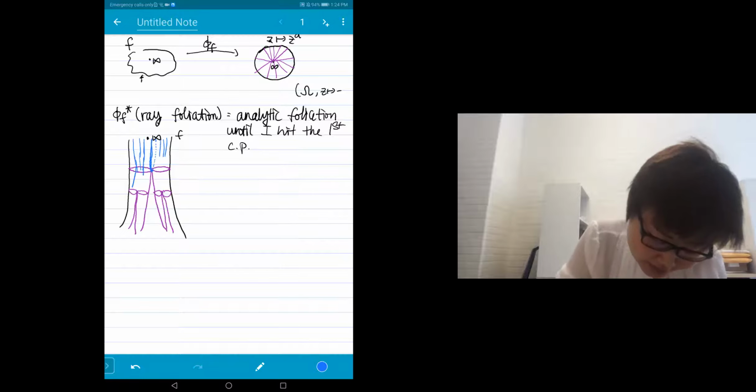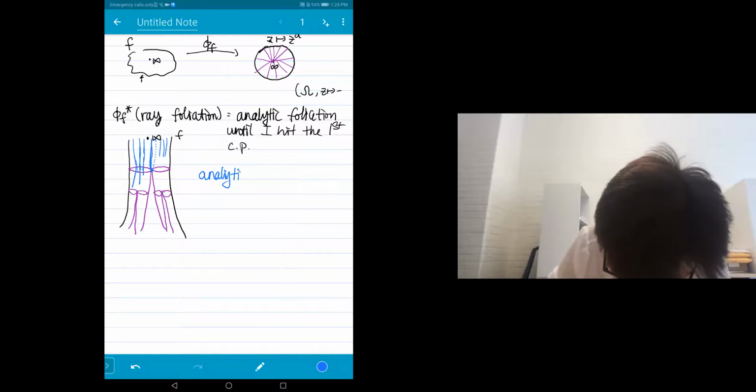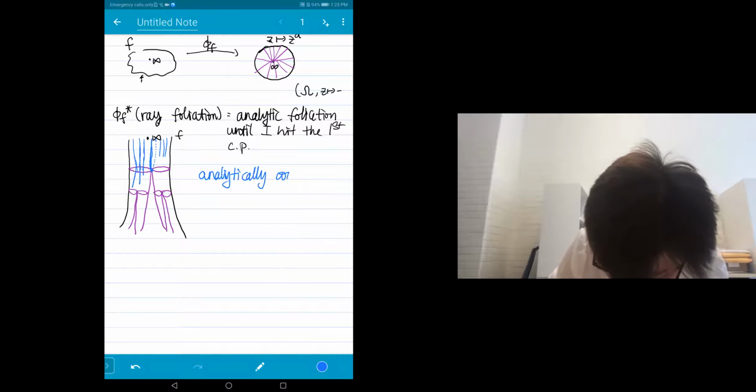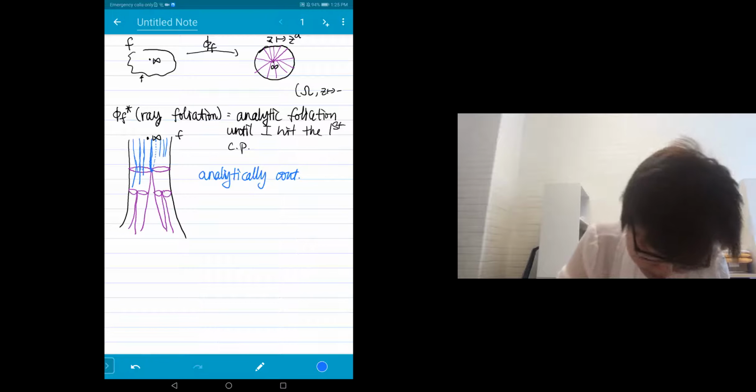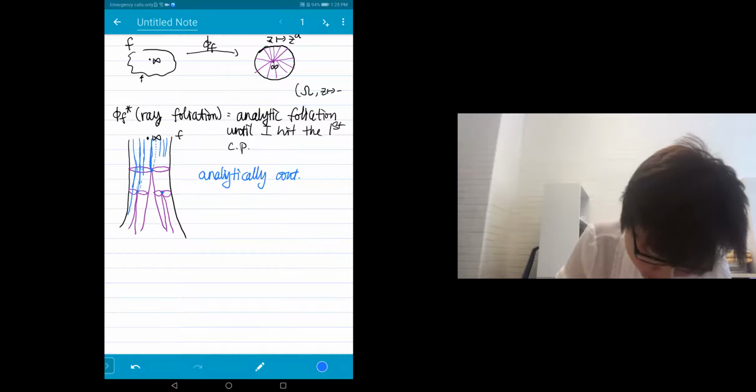And we can just analytically continue these guys. And again, this guy will stop being analytic when it hits this pre-image of the critical point. So I will basically get a foliation which looks like this.